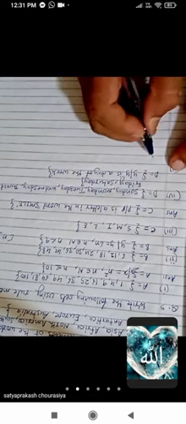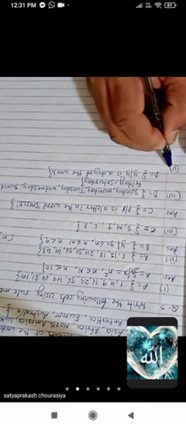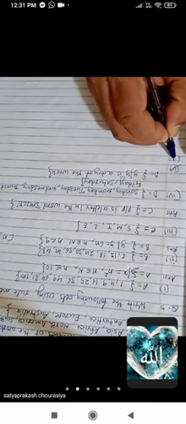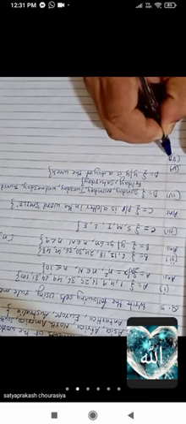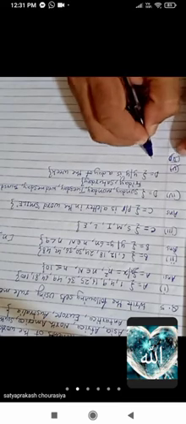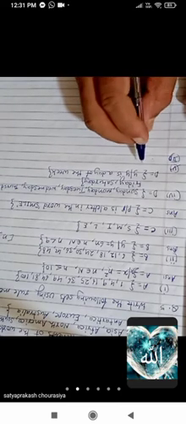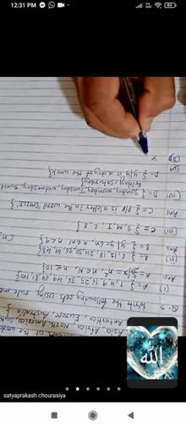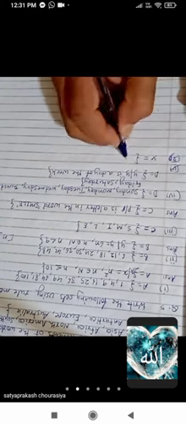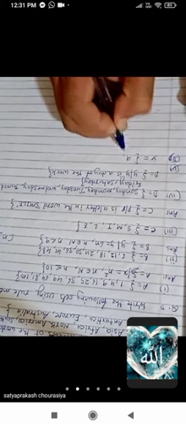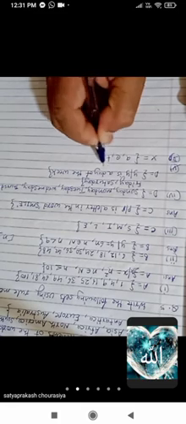Now fifth question. Set X is set of A, E, T. Okay.